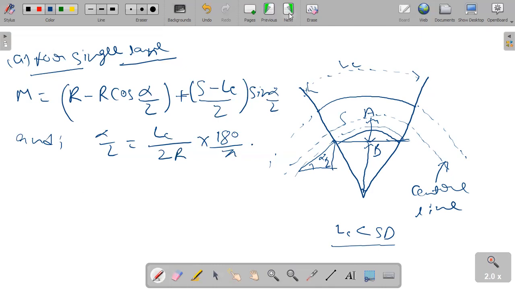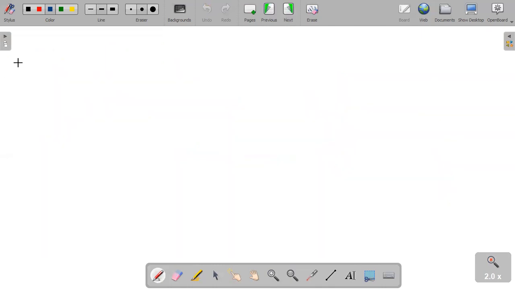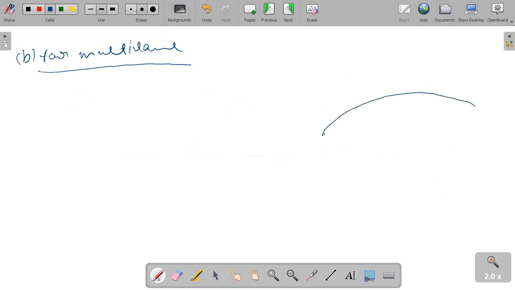let's move on to the next page for multi-lane, because we'll need to draw another diagram for that. Something like this. There's one line here.